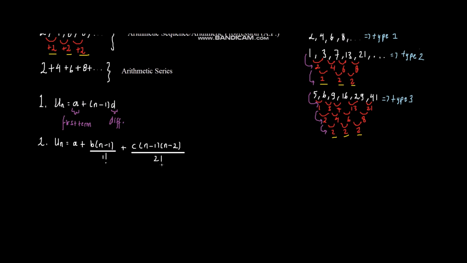This is for type 2 because it only goes up to 2 factorial, up to this term.